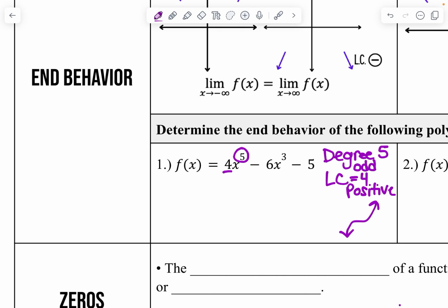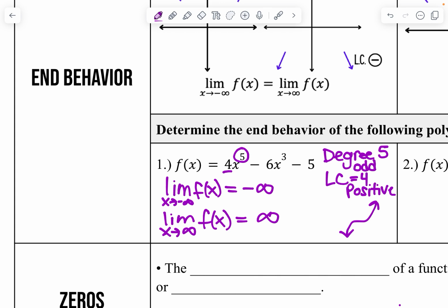It's going up from left to right. So our limiting statements, the limit as x goes to negative infinity of our function f of x, well, the left side of this graph will be headed down to negative infinity, whereas the right side of our graph, so the limit as x goes to infinity of the function, will be headed up to positive infinity.